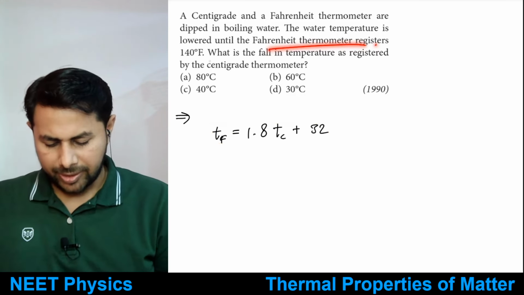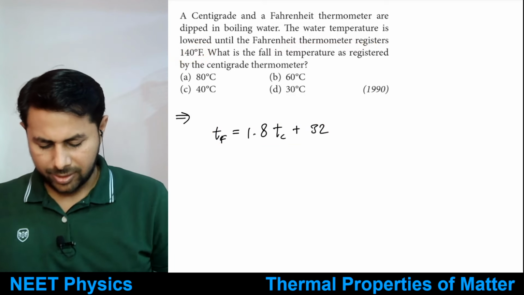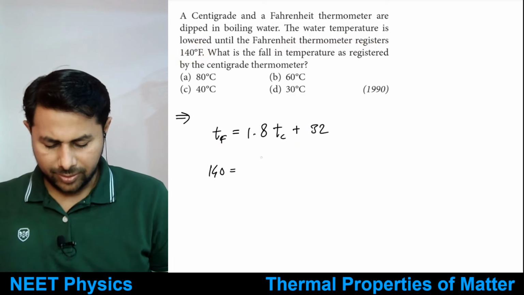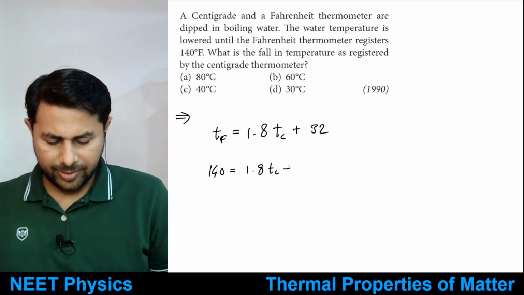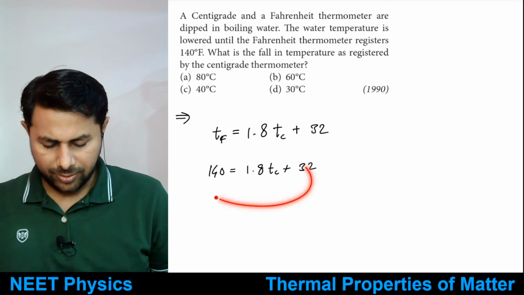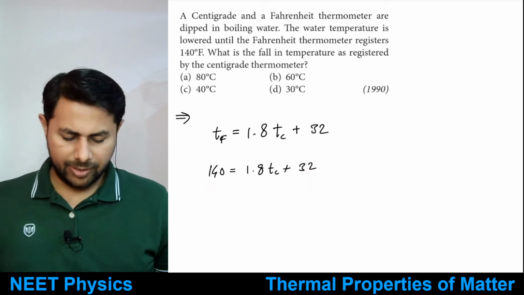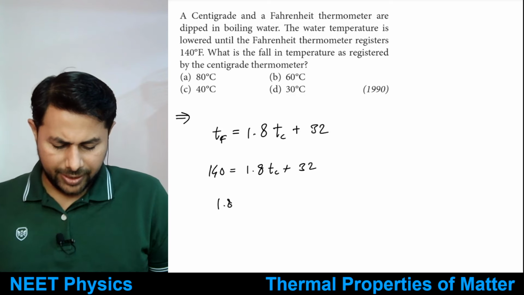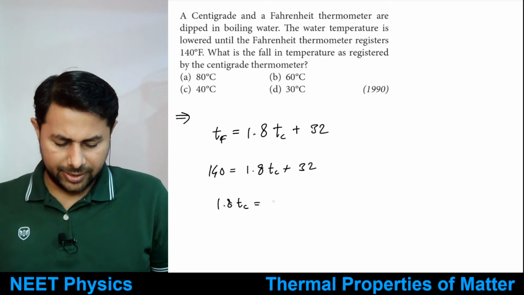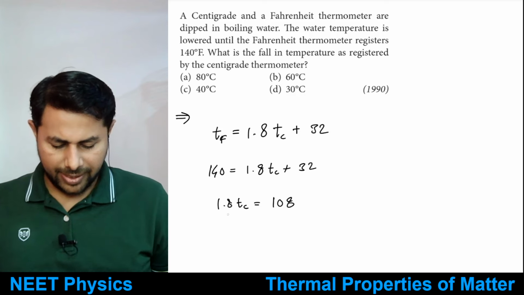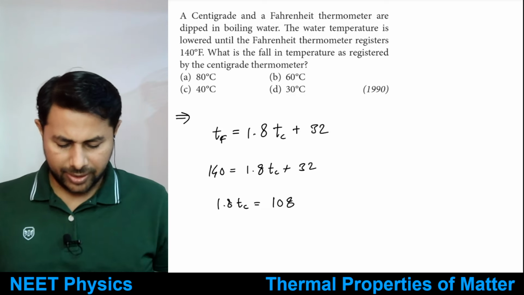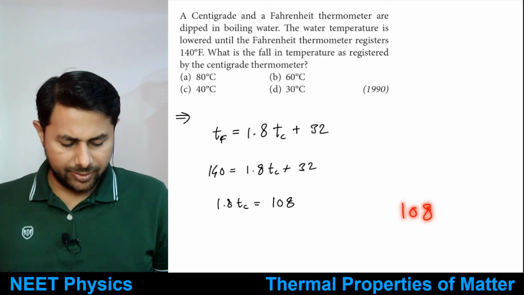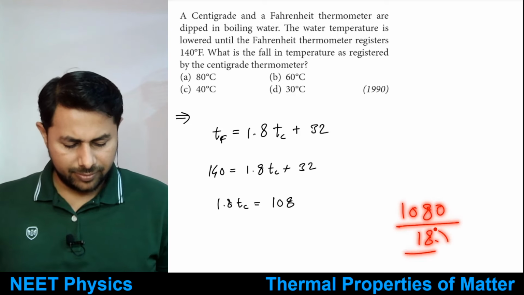The Fahrenheit thermometer registers 140. So 140 equals 1.8 Tc plus 32. Take this 32 to the other side. So 140 minus 32 is 108. So 1.8 Tc, temperature in Celsius, is 108. So divide that by 1.8, so 1080 divided by 18.